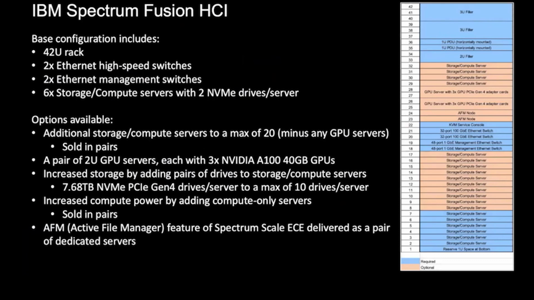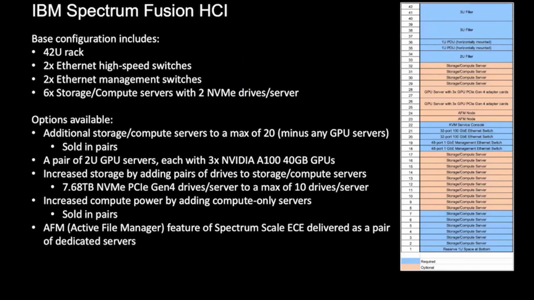The drives that are used in Spectrum Fusion HCI are 7.68 terabyte NVMe drives connected through PCIe Gen 4. Within a fully loaded system, the usable capacity of a Spectrum Fusion HCI rack is approximately 1 petabyte. You can add just compute power if you wish, instead of adding more storage, by adding compute-only servers.